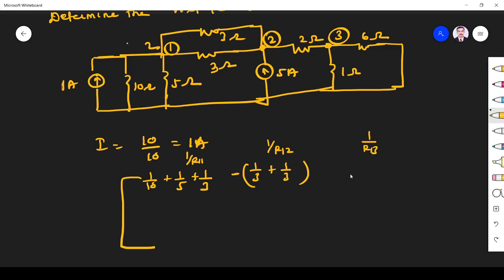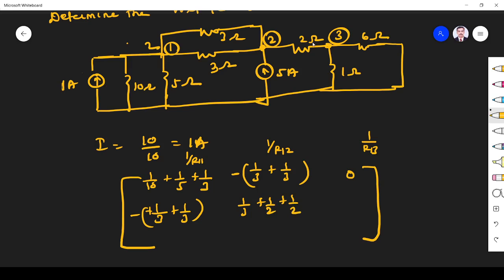0. Fine. Okay. Next, 1 by R21. R21 is same as this one. So minus 1 by 3. What is R22? What are the resistors connected with node 2? 3, 2 and 2. So 1 by 3 plus 1 by 2 plus 1 by 2.